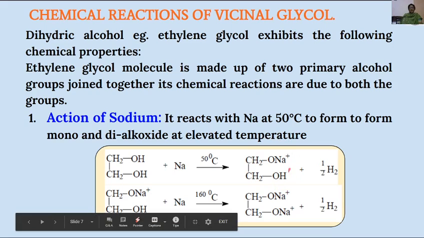Further, upon heating the monosodium salt of ethylene glycol, the other hydroxy group is also substituted by a sodium atom at a temperature of 160 degrees centigrade. Then there is formation of the disodium salt of ethylene glycol with the evolution of hydrogen gas.